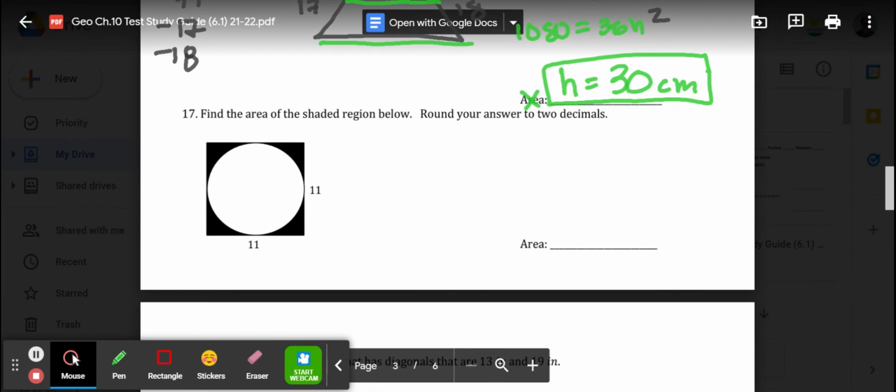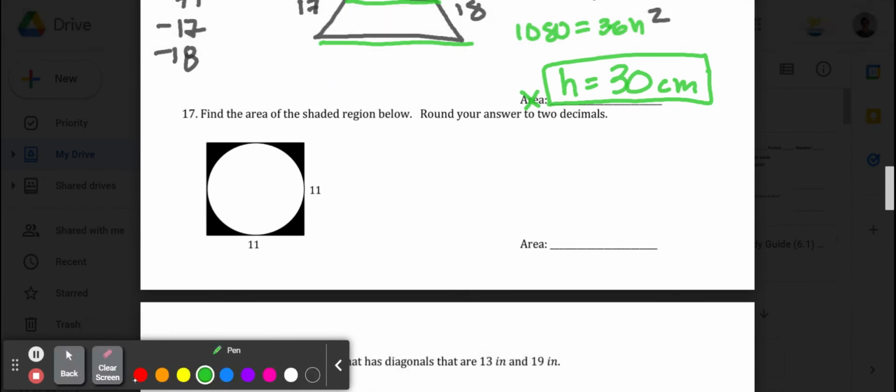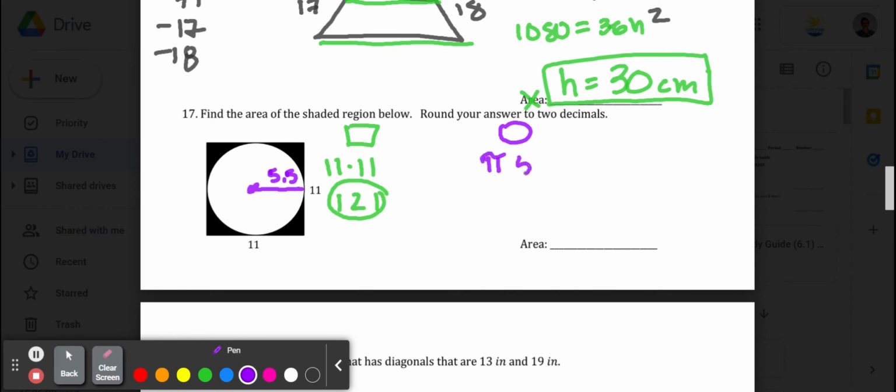Find the shaded area, round to the nearest 2 decimals. Okay, so two things. We have a square, which is 11 times 11. So that's 121. And then we have the circle, which, if we have a diameter of 11, that's going to be a radius of 5.5. So its area is pi r squared, pi times 5.5 squared.